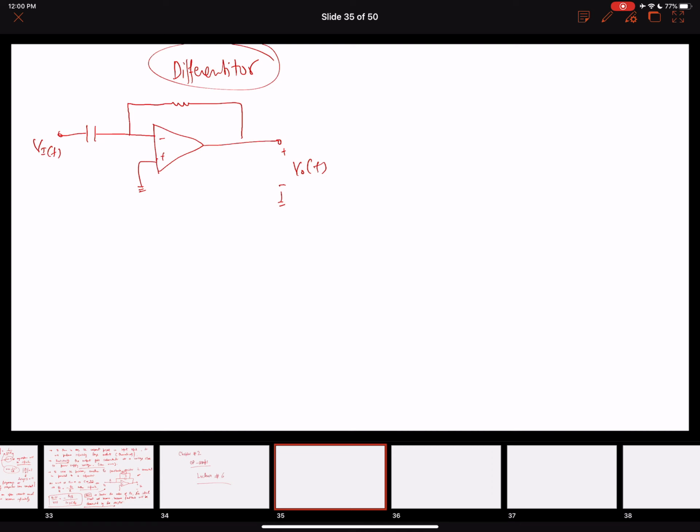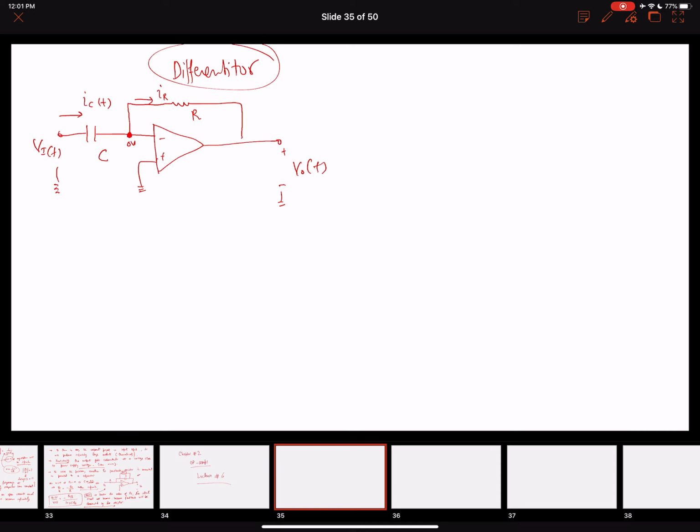The capacitor and resistor positions are switched. Now your resistor is in the feedback and the capacitor is connected to the input. Here's the capacitor, the current IC of t, and the current over here will be IR. We're going to consider an ideal op amp, so you're going to have a virtual ground at this point.